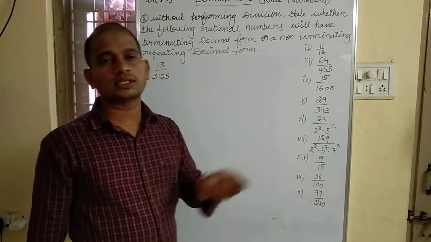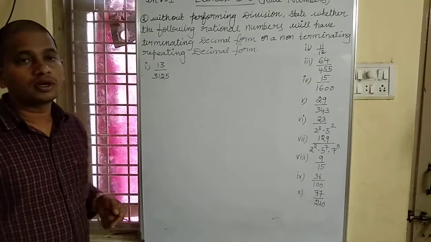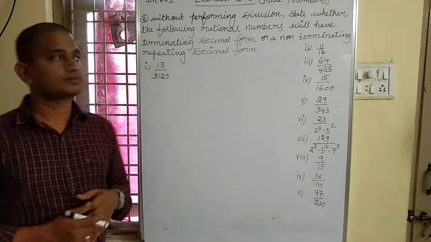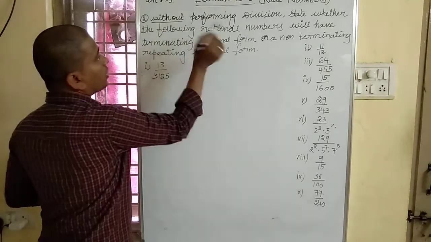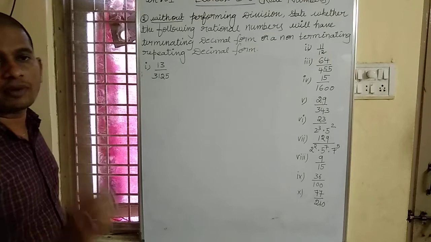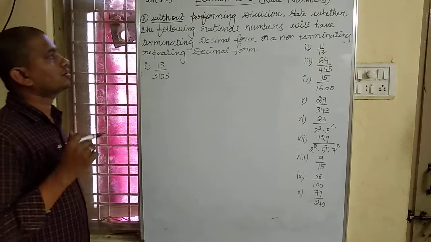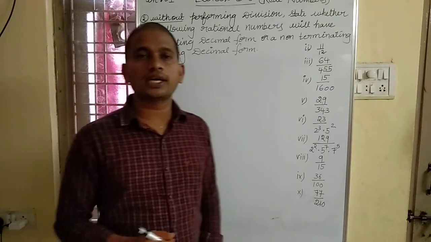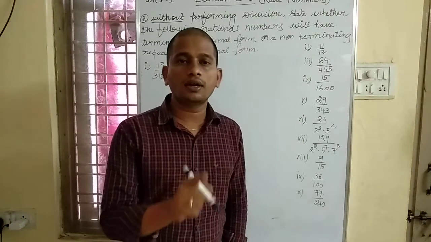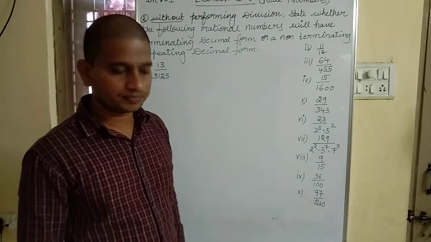So in the previous question we performed actual division, but here, without performing division, we have to say whether the given rational number is a terminating decimal or a non-terminating decimal.